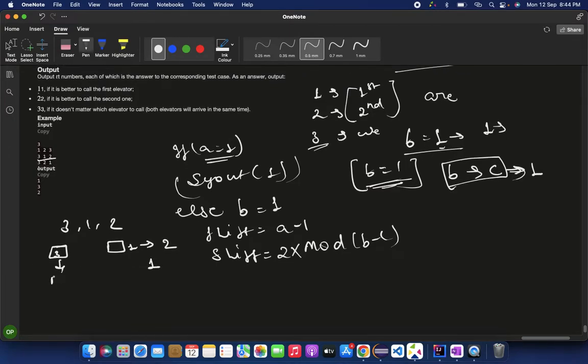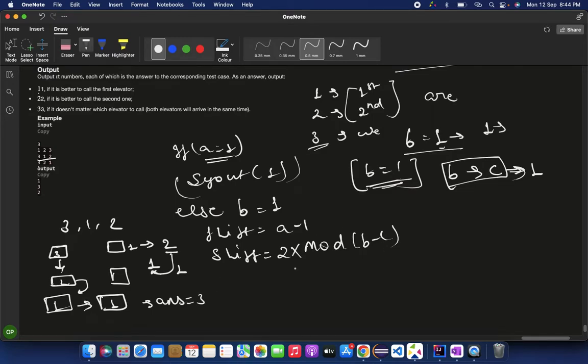After 1 second, this lift will come from 2 to 1, which will again take 1 second. In another second, the first lift will also be on the first floor. So both lifts will be on the first floor, and the answer will be 3.